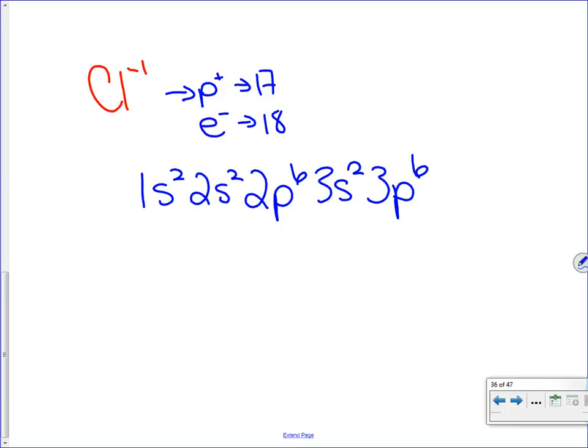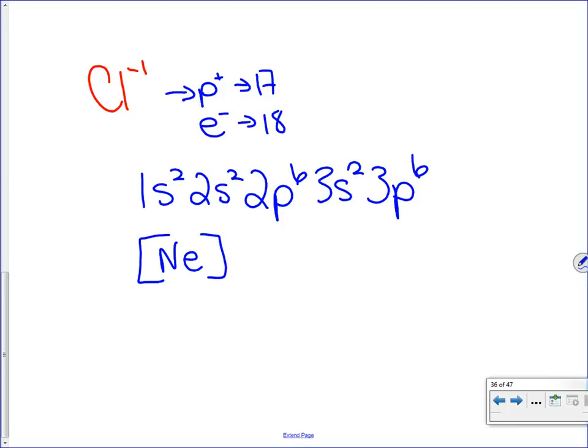Now, if we use the shortcut method, what's the rule about the shortcut method? You're supposed to take the noble gas that is just prior to it. Okay? So what's the noble gas just prior to chlorine? Neon. So we can also write it like square brackets neon. What does it go to?